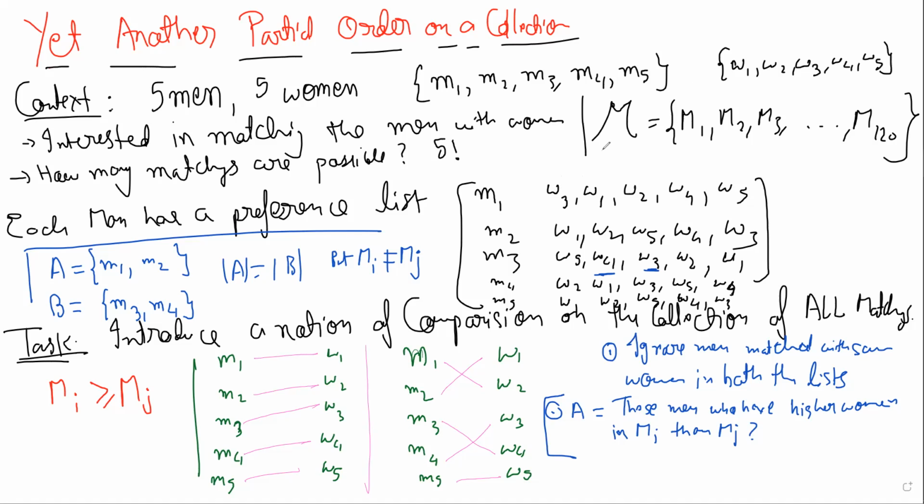It will be all the 5 women, so all the 5 primes will get multiplied.